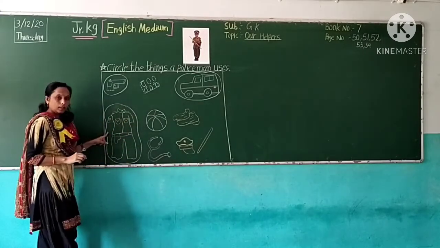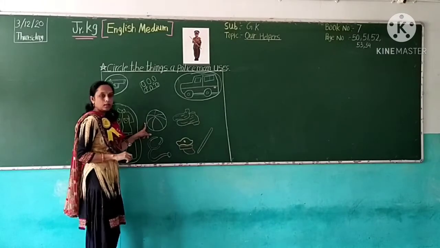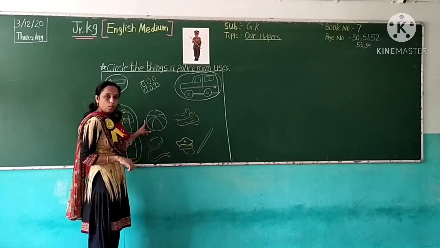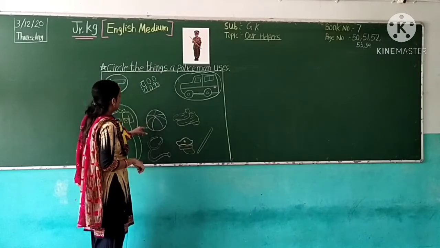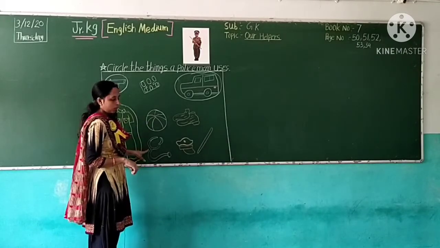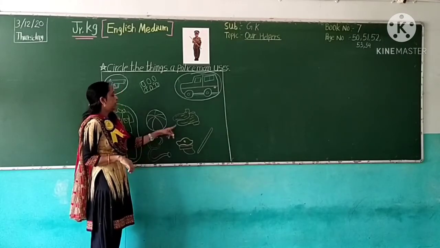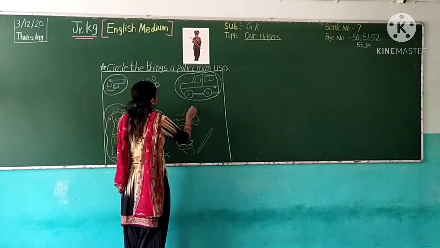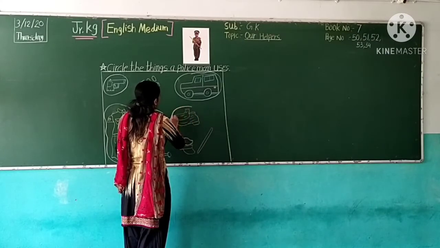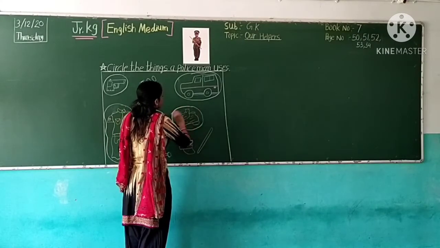So circle here. This, what is this? Wall. Are these things used by a policeman? No. This? No. These things are used by a doctor. This? Yes. This is used by a policeman. Okay.